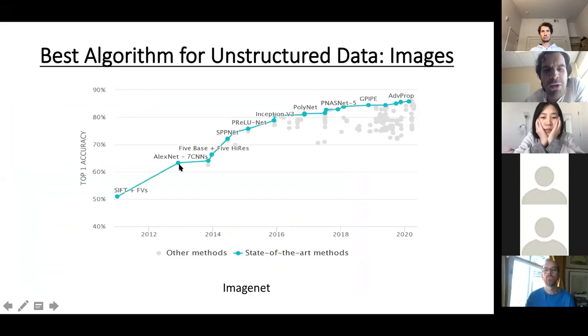Essentially after 2012, the neural networks started outdoing themselves, and every algorithm that was the state of the art at that point was a neural network. Now, these are not common neural networks. These are what I call convolutional neural networks. I'm going to explain why this is the case.